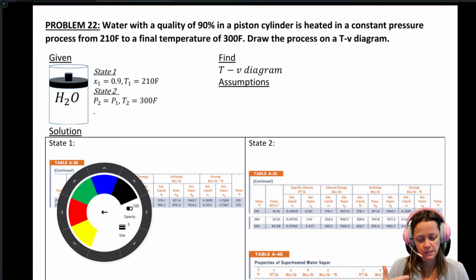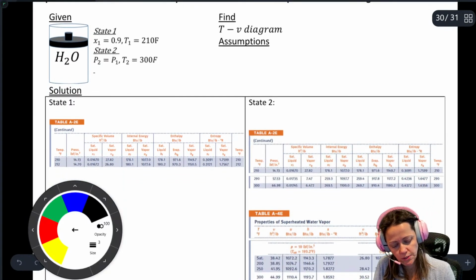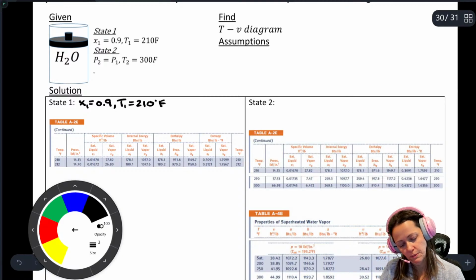So I need to find that specific volume first. State 1, we've got a quality and a temperature. State 2, T2 is equal to 300 degrees Fahrenheit.